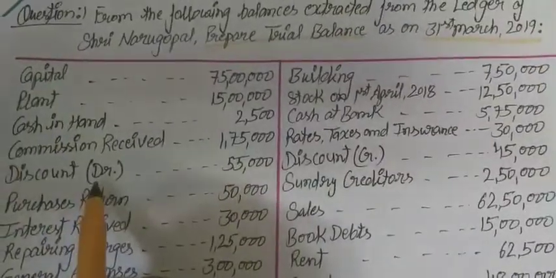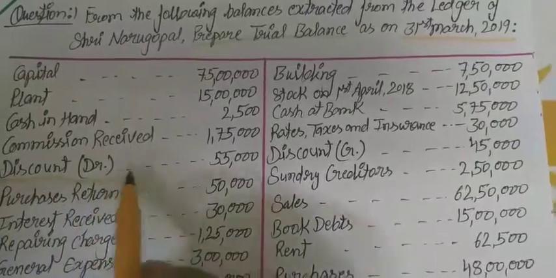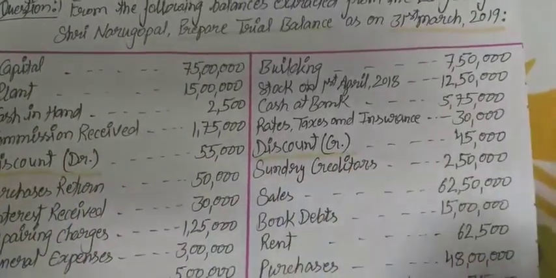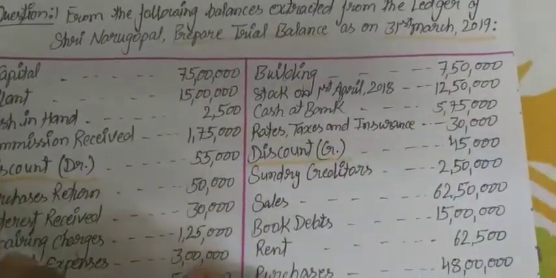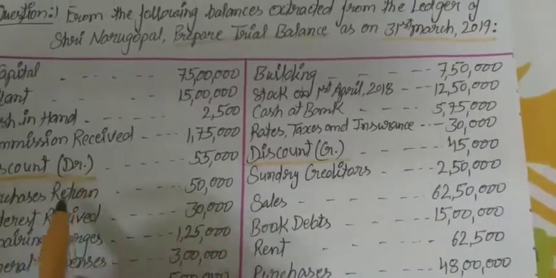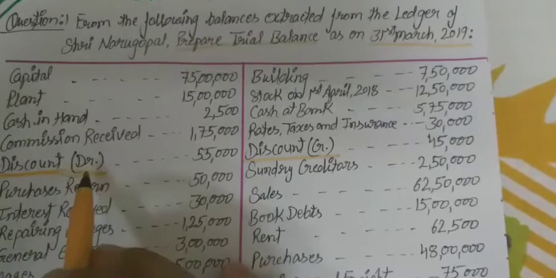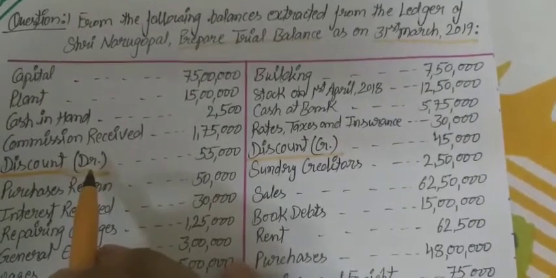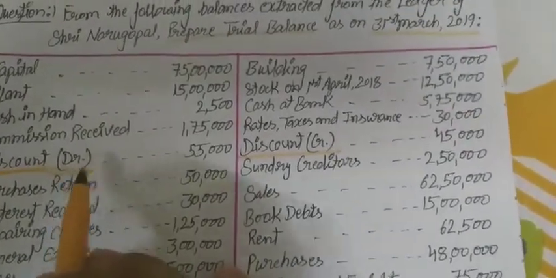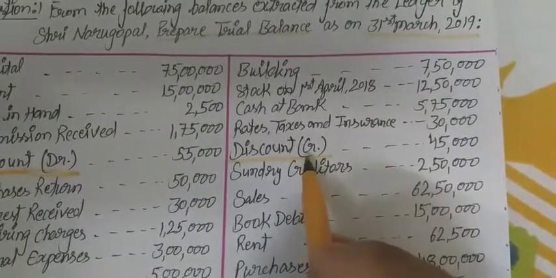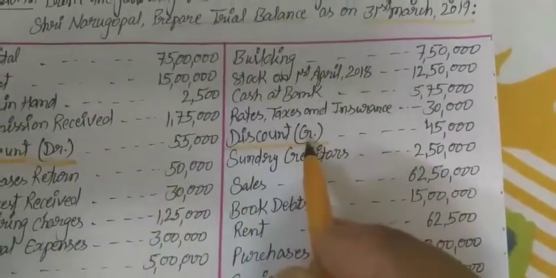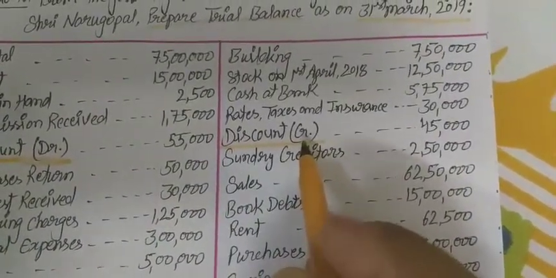We have seen discount debit, and here we are seeing discount credit. So, students, there are two types of discount: if it is on the debit side, it means discount allowed by the business, and if it is on the credit side, it means discount received by the business from the outsider.